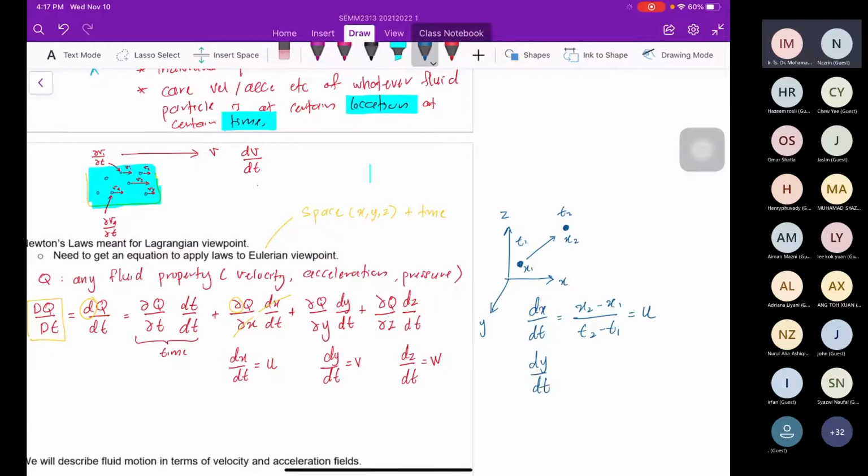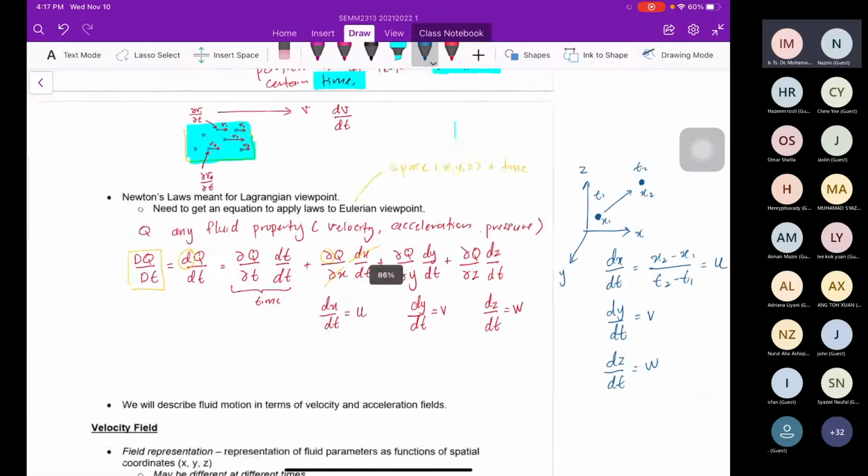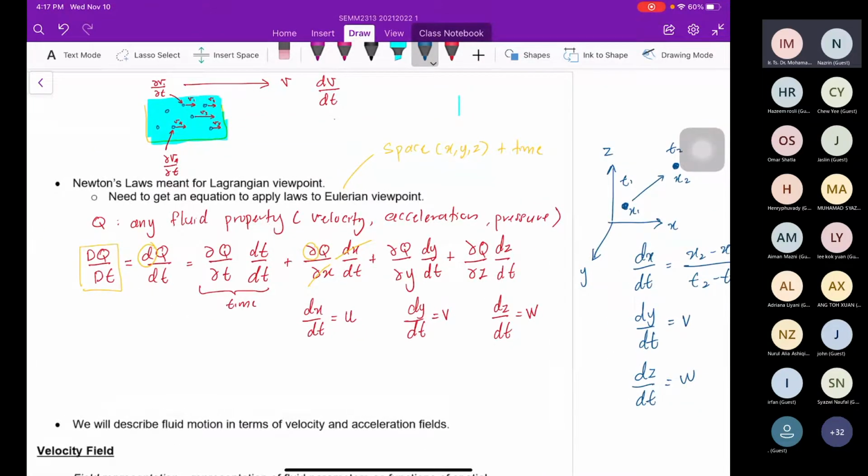That means the movement in Y direction with respect to time, which we consider as V. The movement in Z direction with respect to time is equal to W. Then we can replace the equation to become the partial derivative of Q over partial derivative of T. This one we can cancel out, equal to 0, but we want to show you in terms of time. And here we want to show you in terms of space.